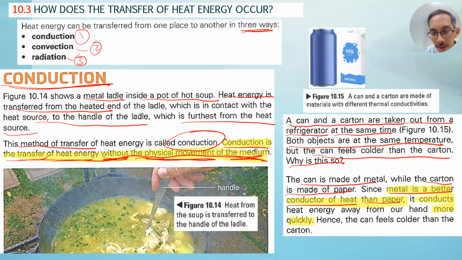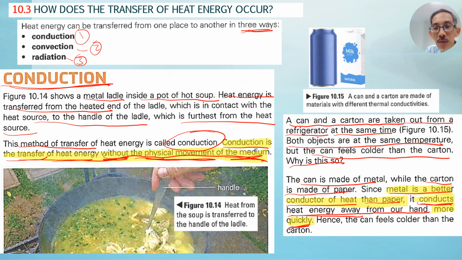Because of this, heat energy is conducted away from your hand more quickly. There is more heat in your hand than in the can or the carton. Being metal, the can will conduct the heat away from your hand quickly.